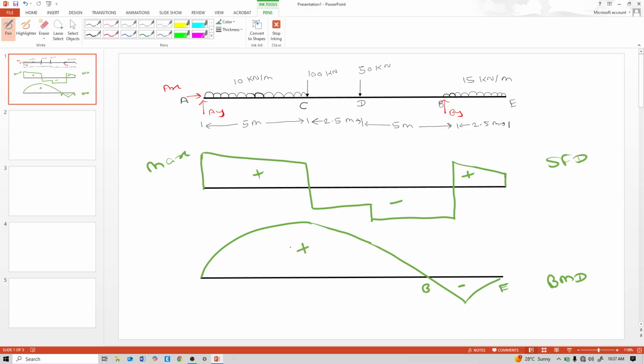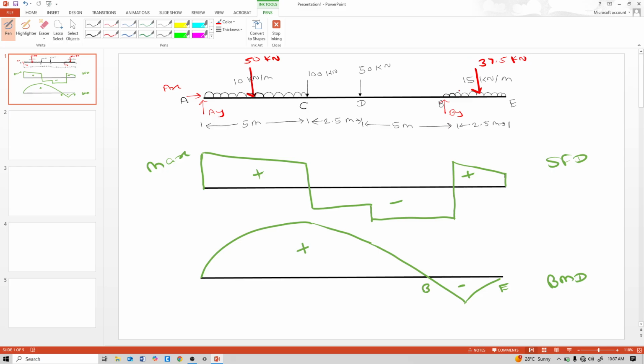So what is the maximum bending moment? First understand the loading and the CG of loading. This 10 kN per meter, this 100, this 50, and this 15. So this 10 into 5 is 50 somewhere here. Convert this UDL into a concentrated load. 10 into 5, 50 kilonewton, and this 15 into 2.5, 37.5 kilonewton.